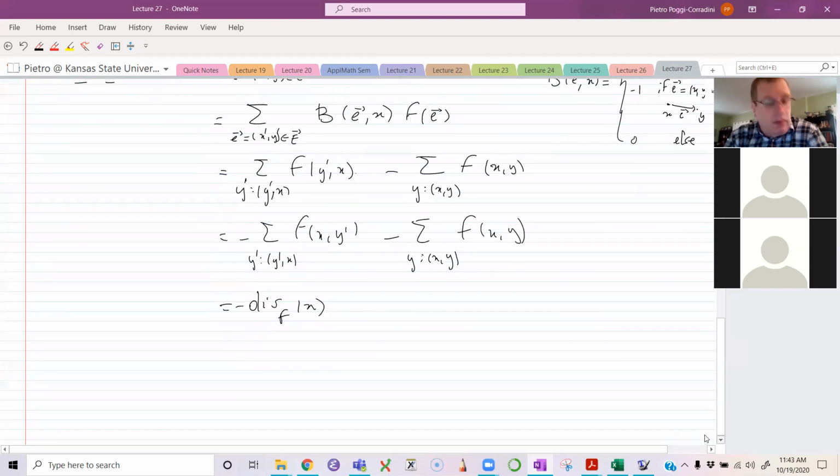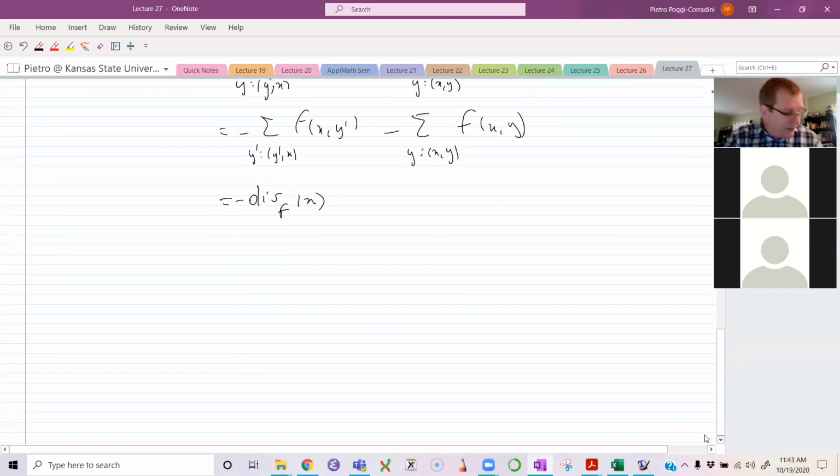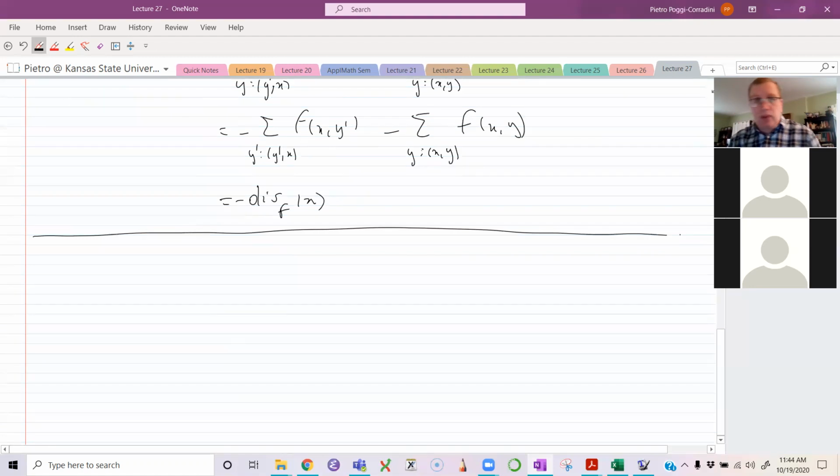All right, so why do I say all of this? Well, one of the most useful and important concepts in this context is the notion of electrical current.